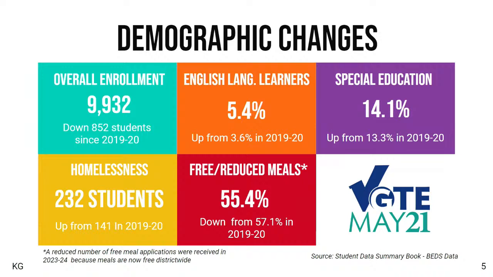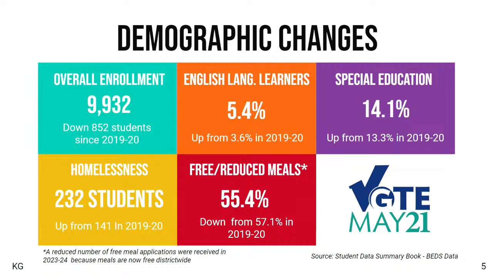This slide also just gives a bit of context in terms of understanding demographically our district. You'll see I have the enrollment noted here, and underneath you can see we look at a gauge of 2019-20, and then compare it to now. You can see our enrollment has gone down a bit, which was shown in the slide previously. Our English language learners are up from 3.6% to 5.4%.